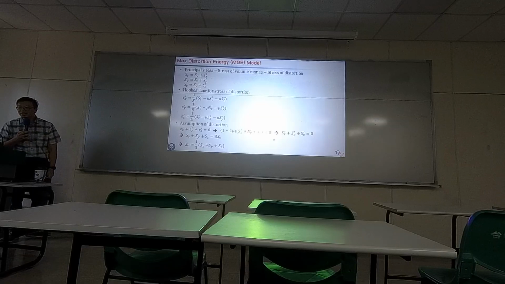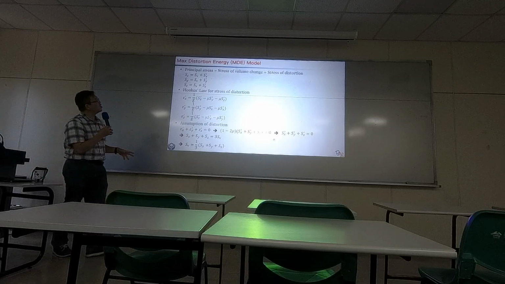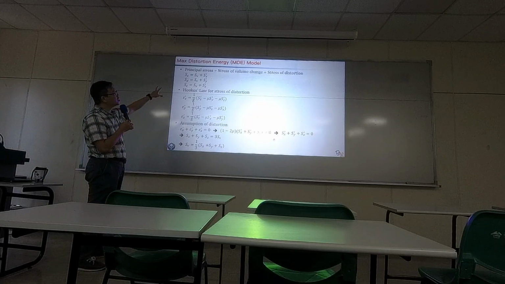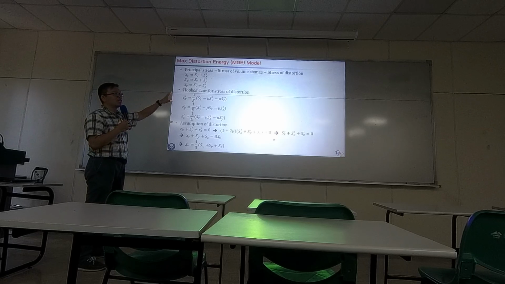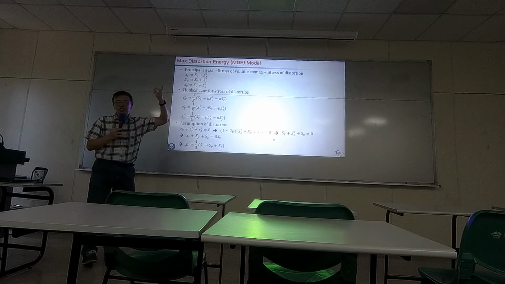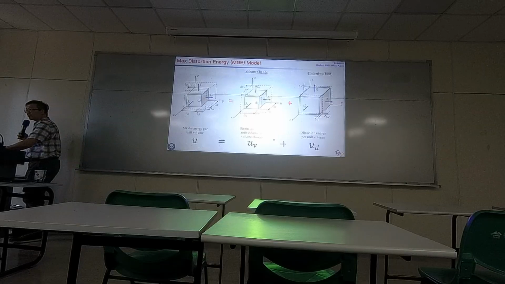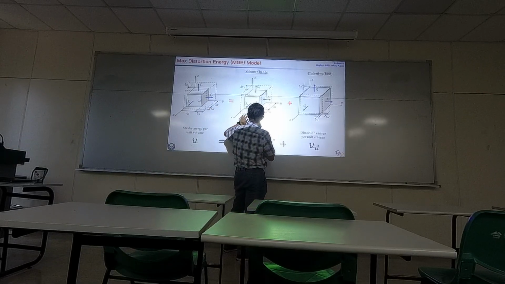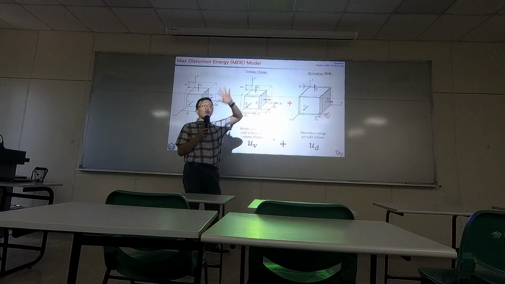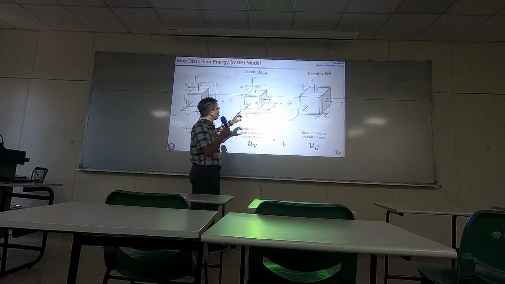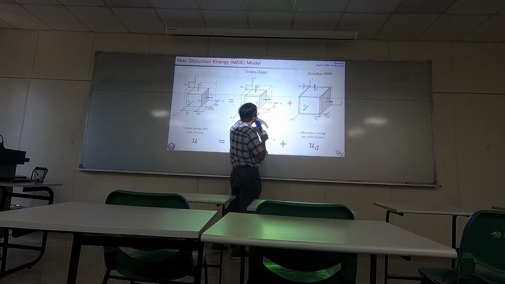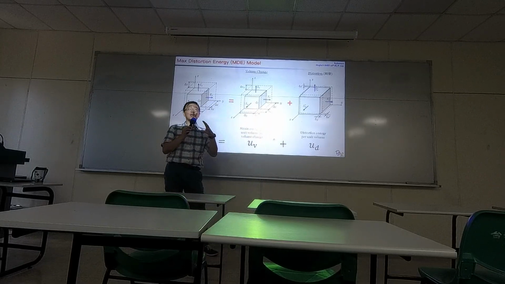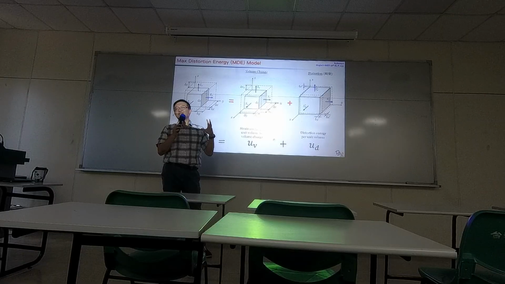So now, let's talk about how the stress could be separated into two parts. Earlier we had the pure volume change, the first part right here. Since they are deforming in the same way along all directions, the stress along each direction should be the same so that they can expand evenly.